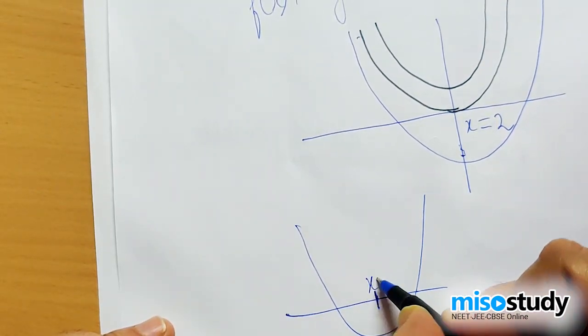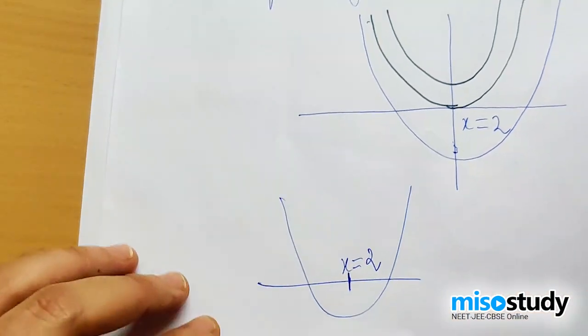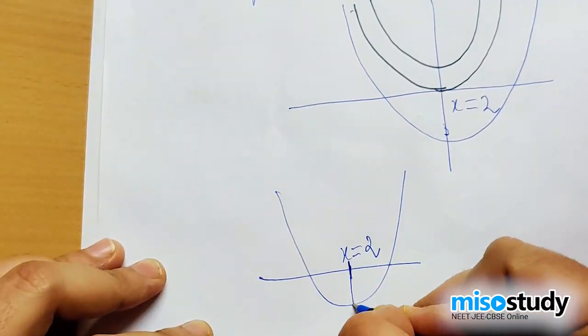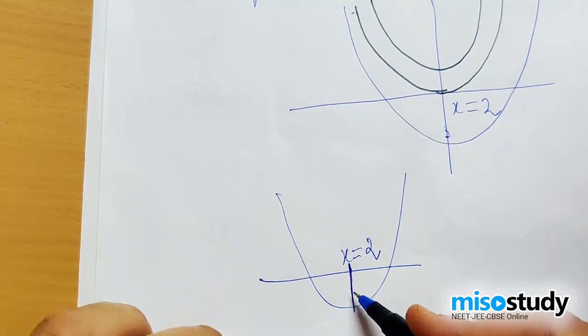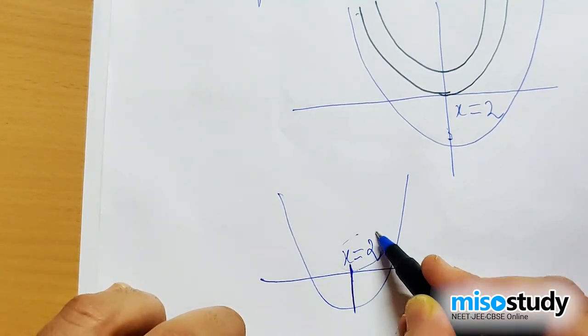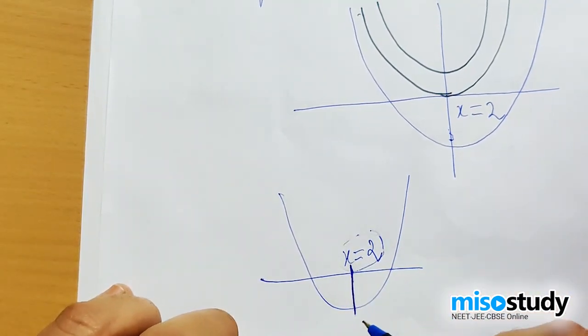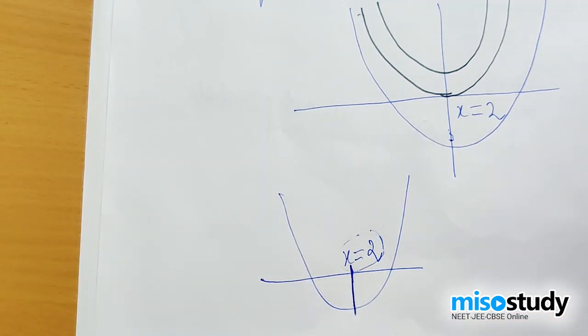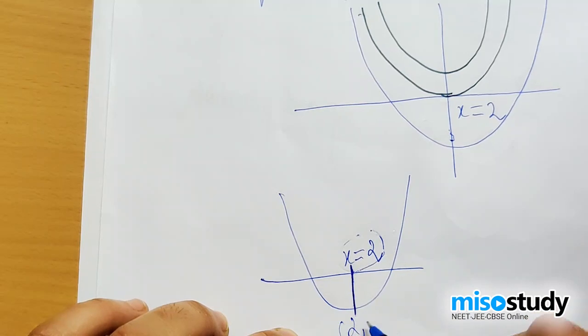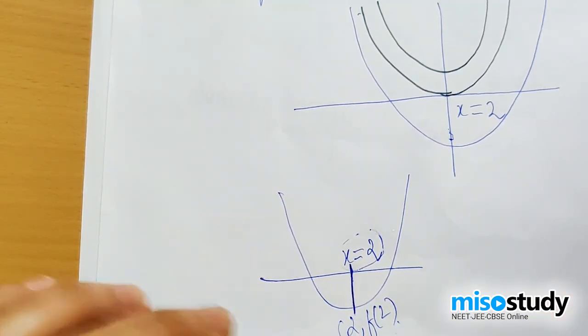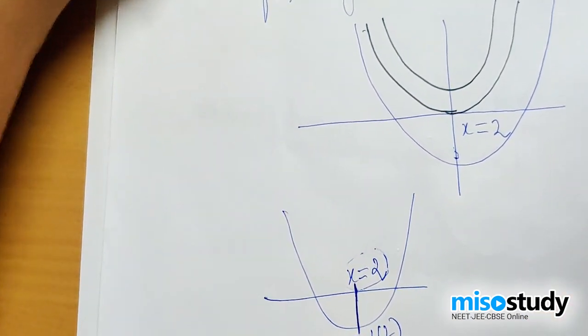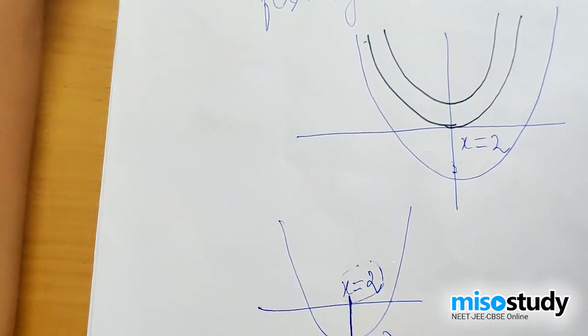So we are being told that this is symmetrical about the line x equal to 2, okay. Then that means x equal to 2 is the point of the lowest value. That means x equal to 2 is the abscissa of the vertex. That means 2 comma f of 2. This will be the lowest point for sure. That's quite clear from the graph itself.